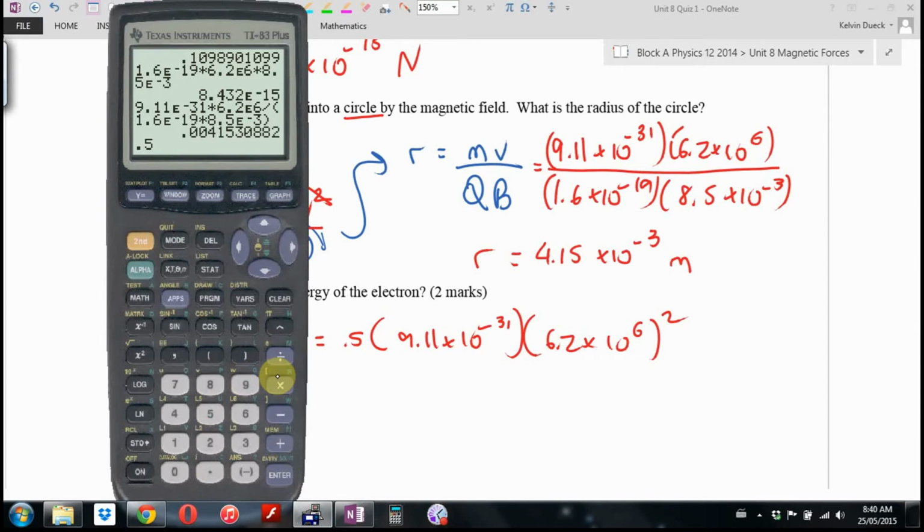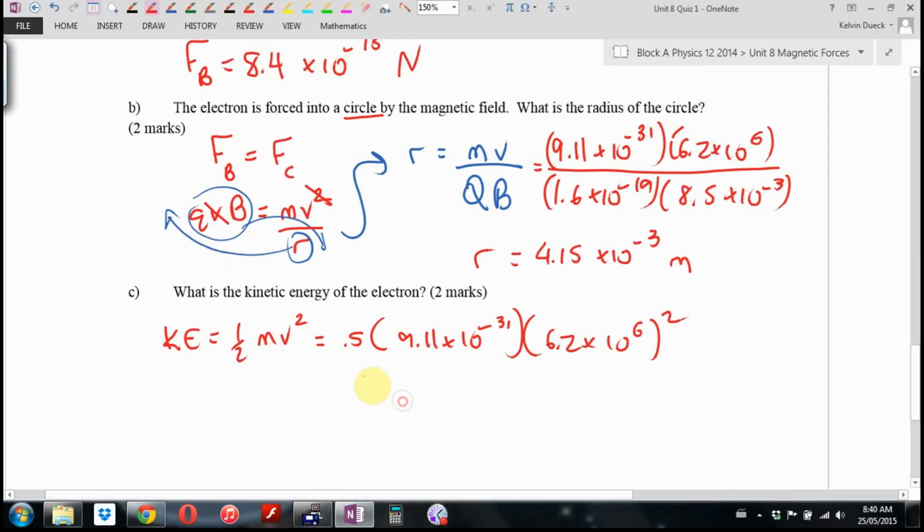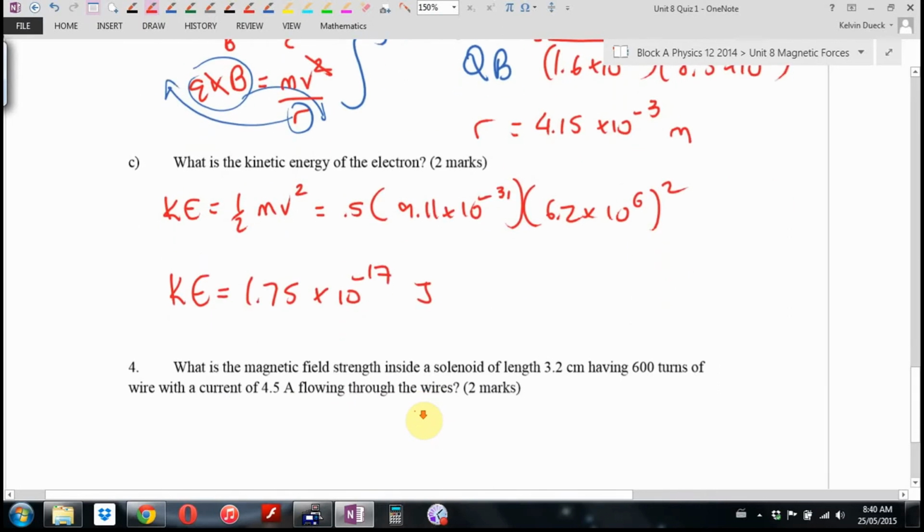Oh, squareds, squareds, squareds. Do you get 1.75 times 10 to the negative 17 joules? Two marks? Okay.